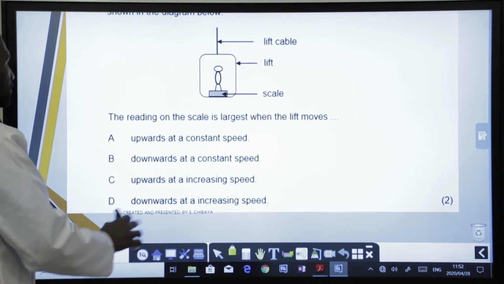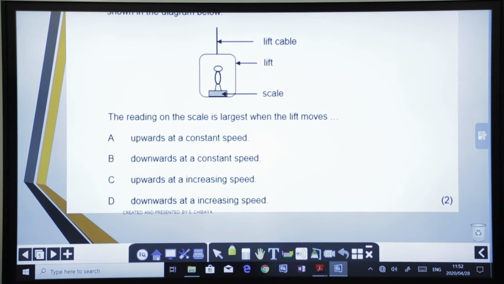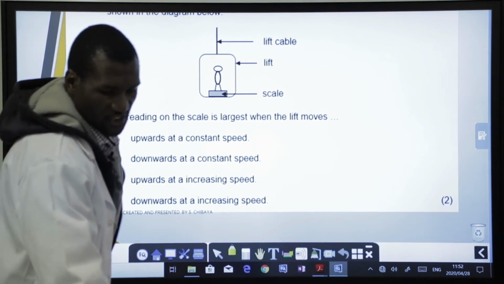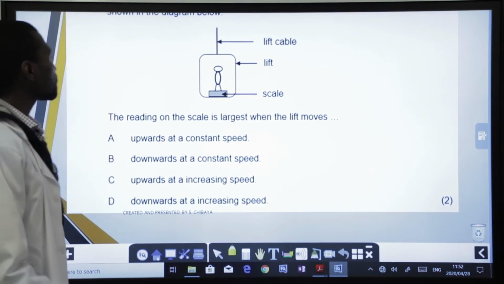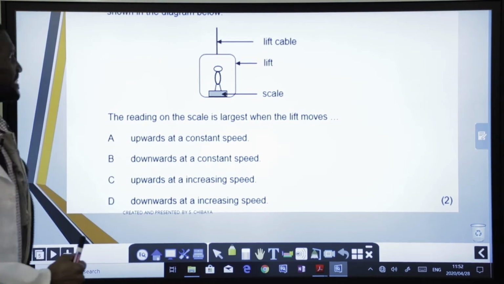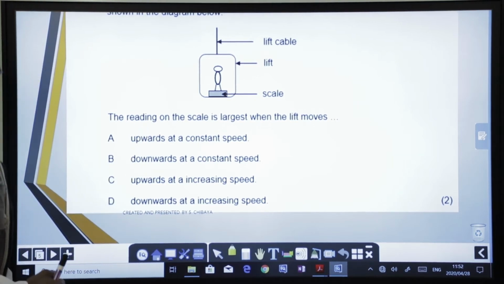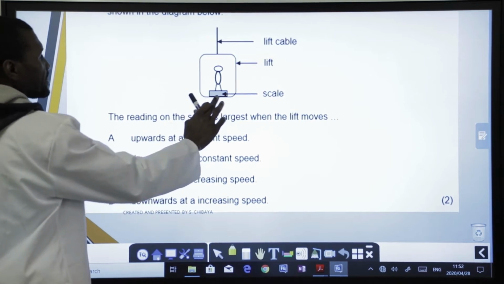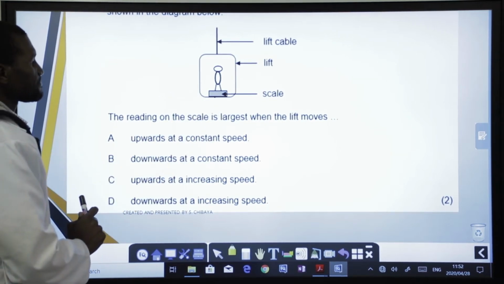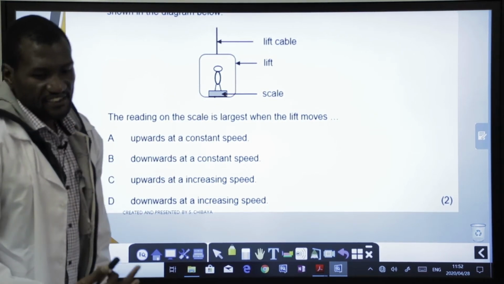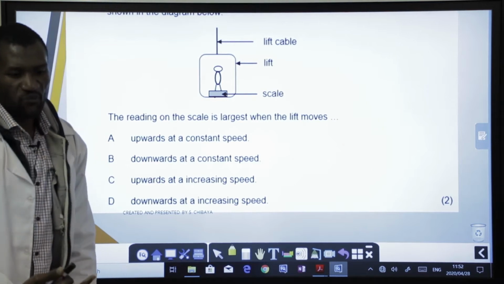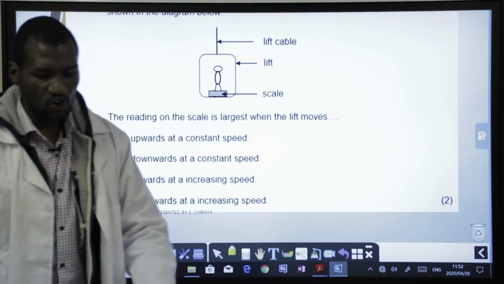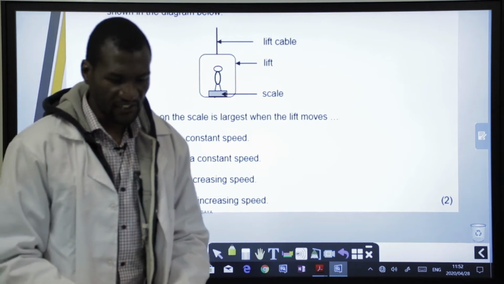They like these questions in multiple choice examples. Here is another question, of a person who is standing in a lift. And there is a scale, right? A person is standing on a bathroom scale that is fixed to the floor of a lift as shown in the diagram.